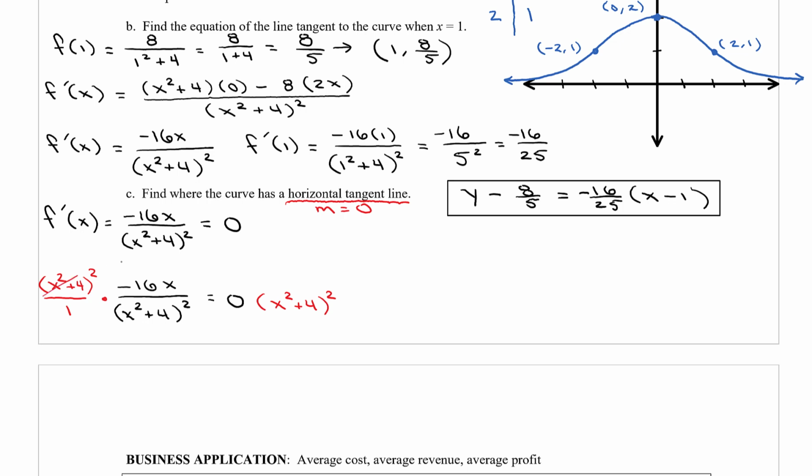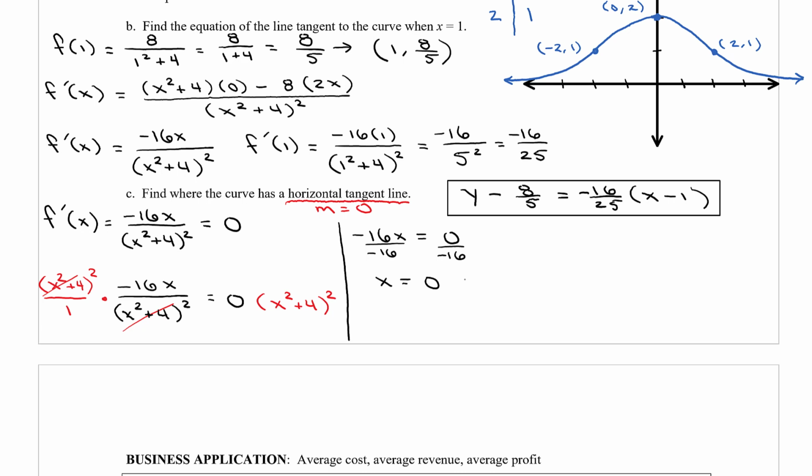On the left-hand side, the (x squared plus 4) quantity squared is going to cancel out. And on the right-hand side, it's going to zero out. So we're just going to be left with negative 16x equals 0. If I divide both sides by negative 16, I will be left with x equal to 0.